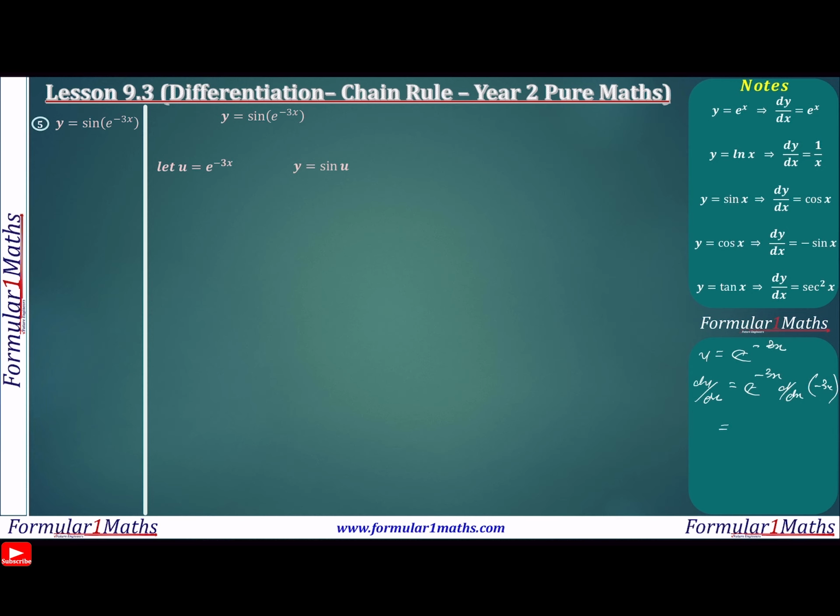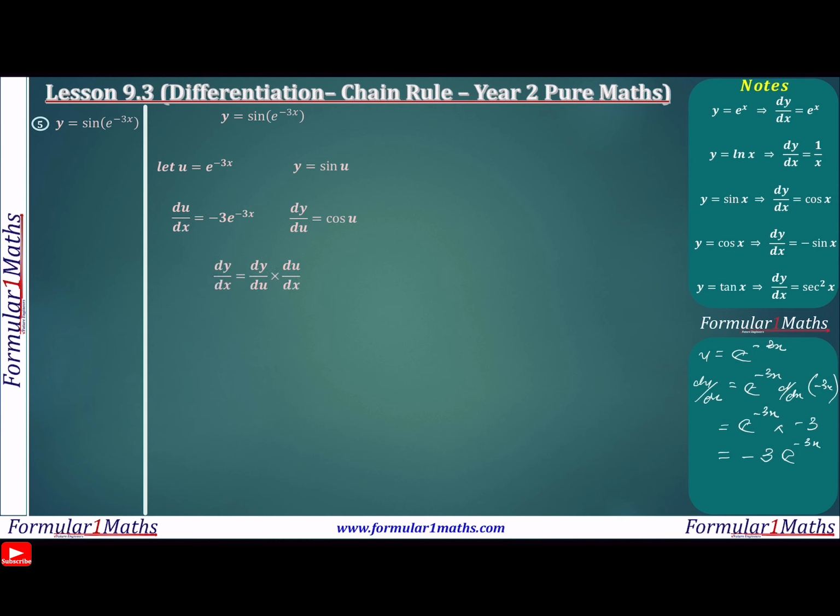So that would be e to the power minus 3x times the differential of minus 3x, which is minus 3. So I'm going to get minus 3 e to the power minus 3x. And so du/dx is minus 3 e to the power minus 3x. And using this standard integral here, dy/du will be cos u.